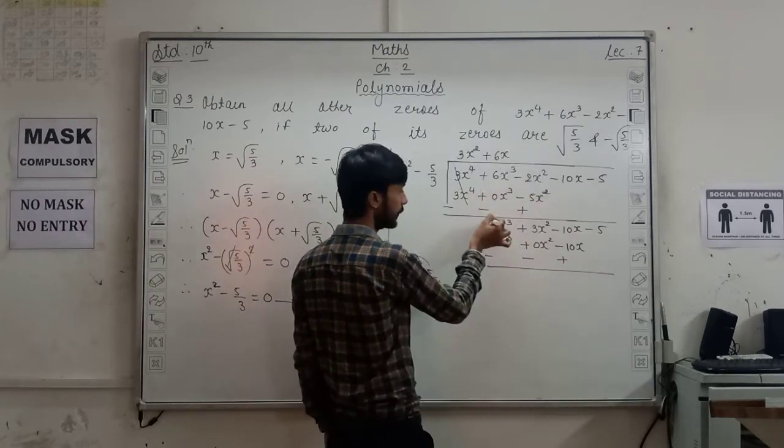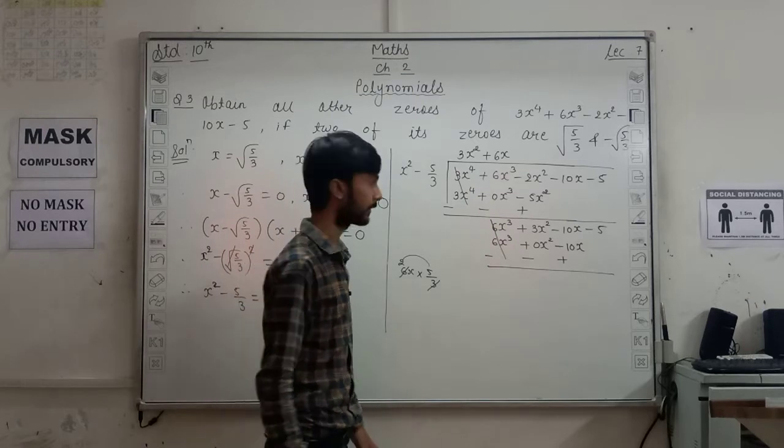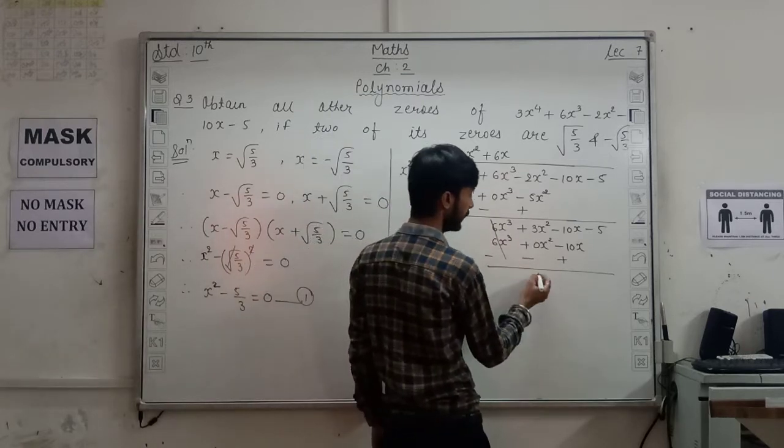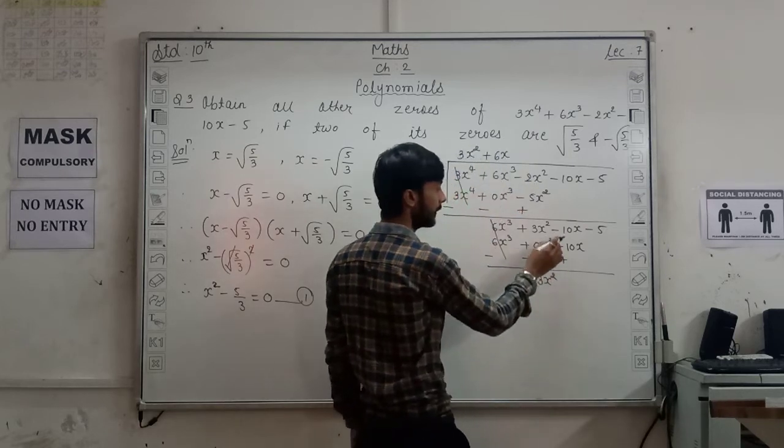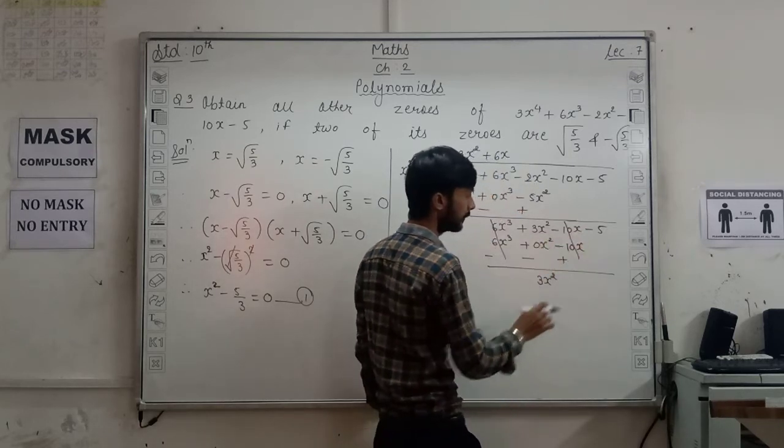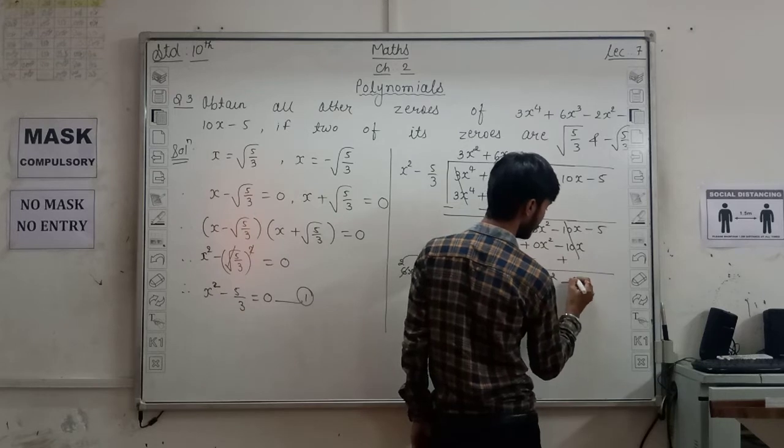Now 6x cube minus 6x cube cancels, 3x square only 3x square, minus 10x plus 10x cancels, minus 5 as it is.